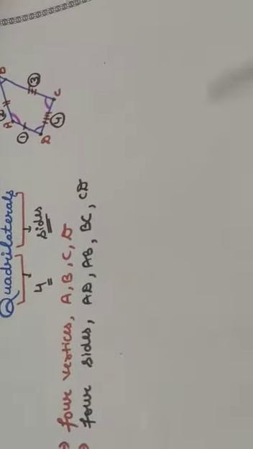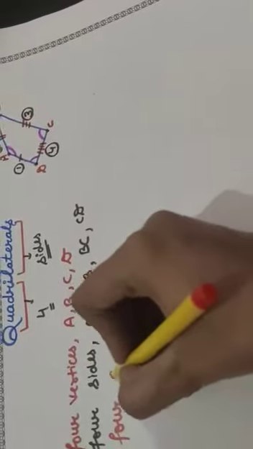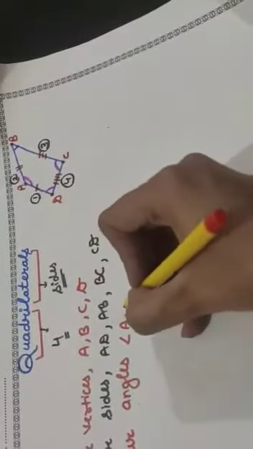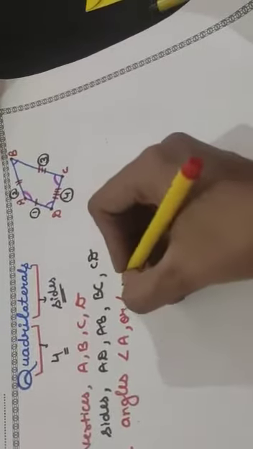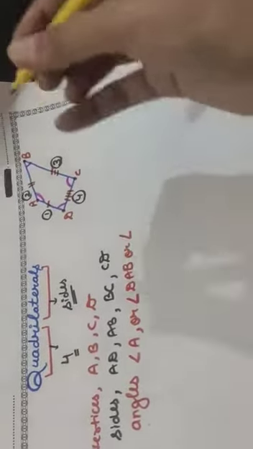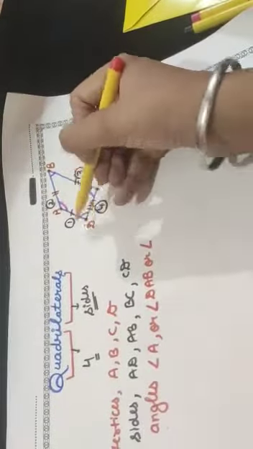Hence a quadrilateral has four angles, which are named as angle A. You can name angle A also as angle DAB or angle BAD.